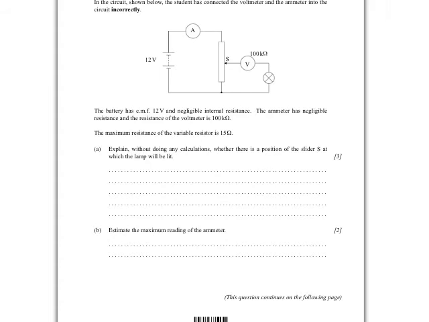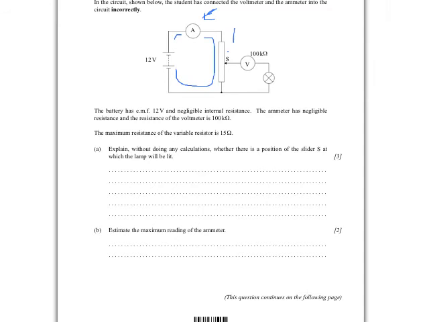Estimate the maximum reading of the ammeter. The maximum reading of the ammeter would be the highest possible value, and you would get that if the current only goes through this first resistor.